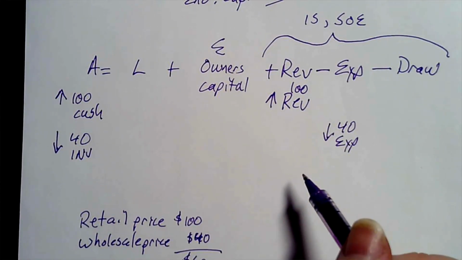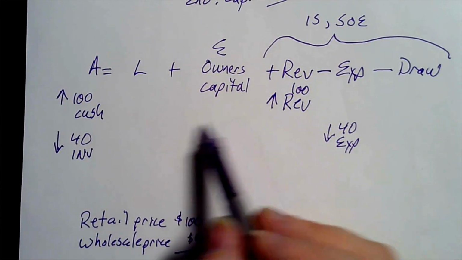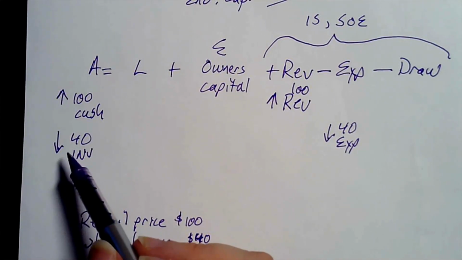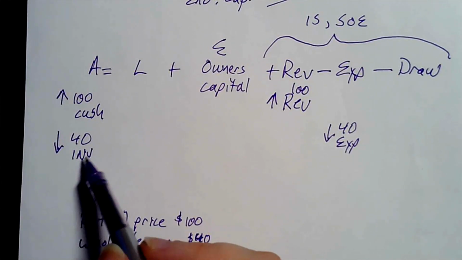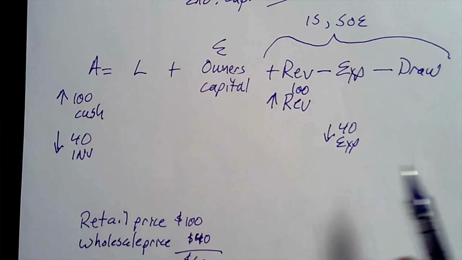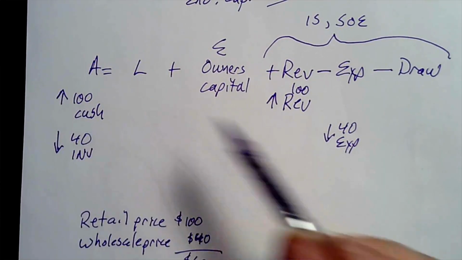If we were some sort of service related organization, let's say we had a lawyer and we would charge the customer $100 in cash, that'd be revenue. But perhaps instead let's say it's a lawyer, maybe it's $40 an hour for their services. So instead of being inventory, it might be some sort of wage expense. We would pay the lawyer $40 and charge the customer $100.